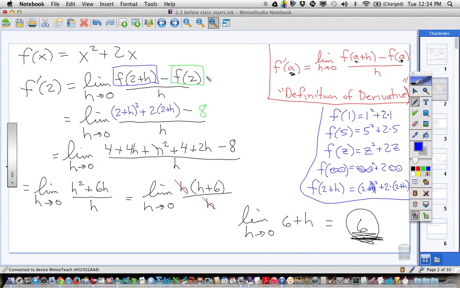Look over here at our example. f of 1 means put a 1 in for x. f of 5 means put a 5 in for x, both of the x's. f of z means put a z in for x. f of peanut, what did we do yesterday? German shorthand. But f of peanut would be peanut squared plus 2 peanut. And f of 2 plus h would be 2 plus h squared plus 2 times 2 plus h. Now, if you want to try to do some of that in your head, go for it, but be careful.